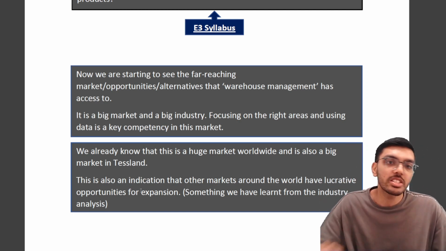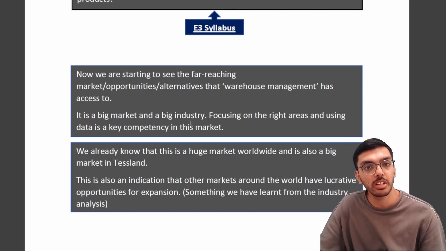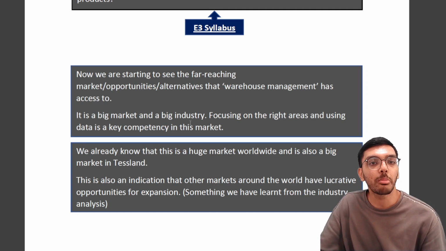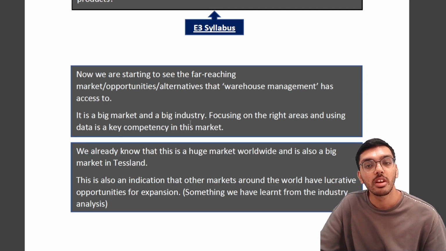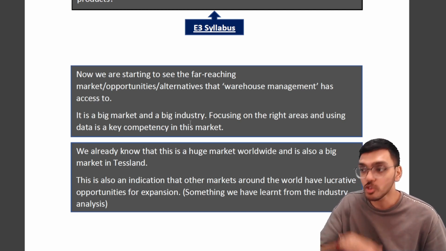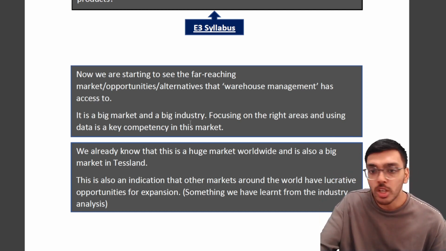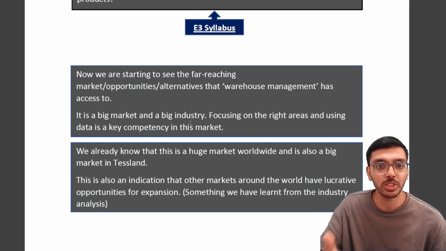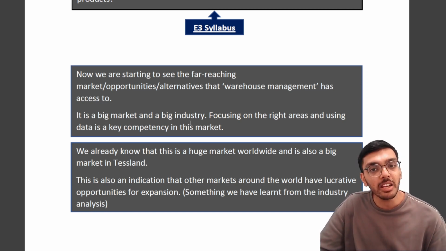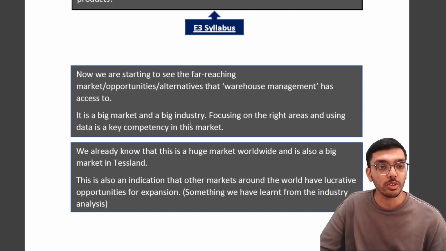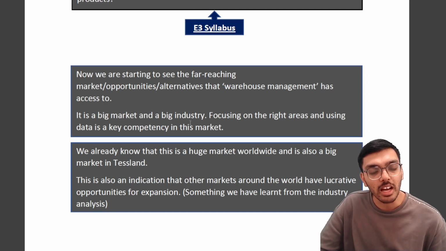So now we are starting to see the far-reaching market opportunities and alternatives that warehouse management has access to. So many options: storage options, picker to goods, goods to picker, robot options. It is a big market and a big industry. Focusing on the right areas and using data is a key competency here.